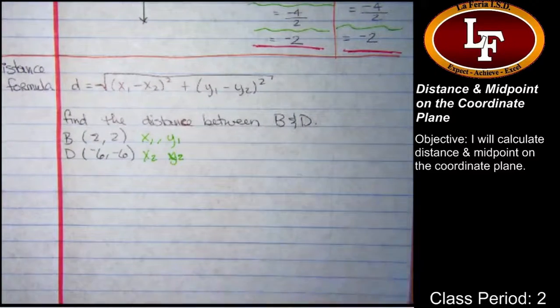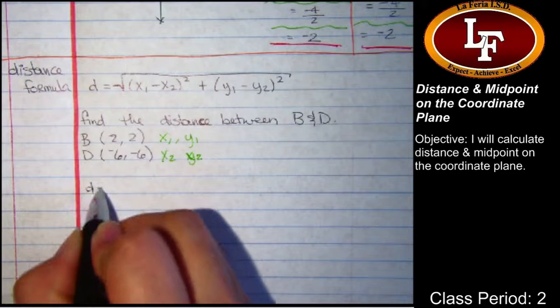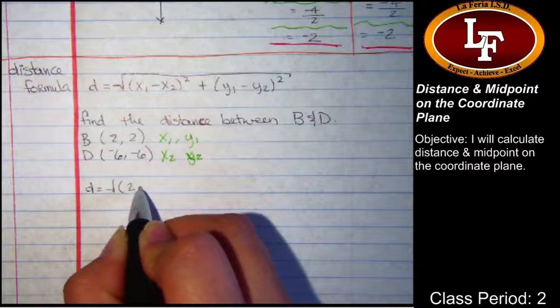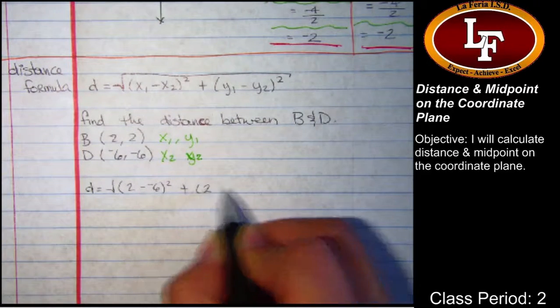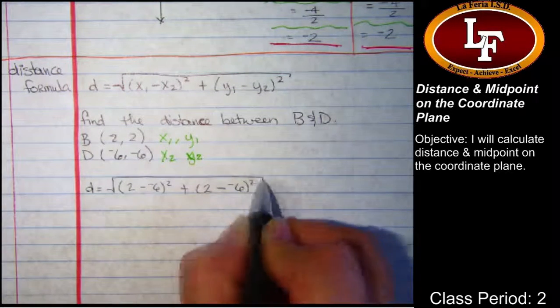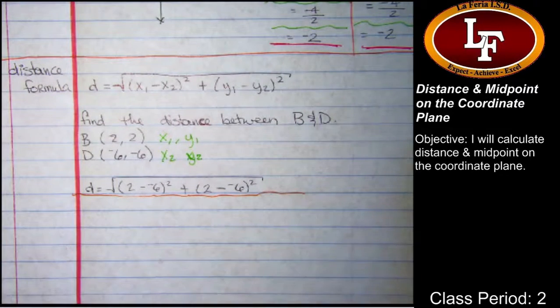And now we're going to substitute into the formula. So the distance is x1 minus x2, y1 minus y2. We've done our substitution into the formula.